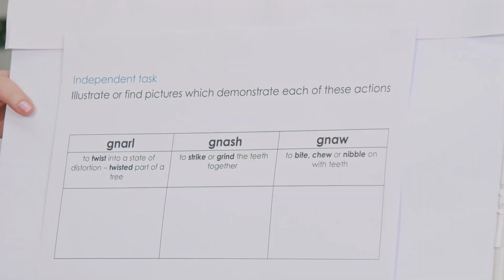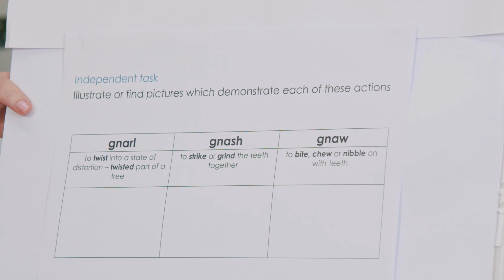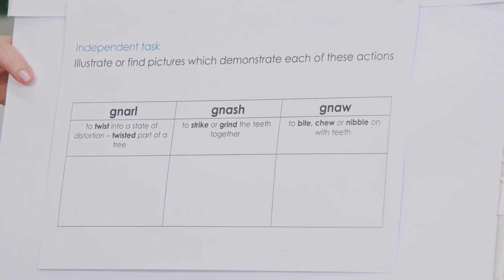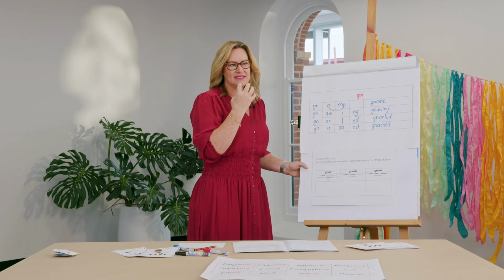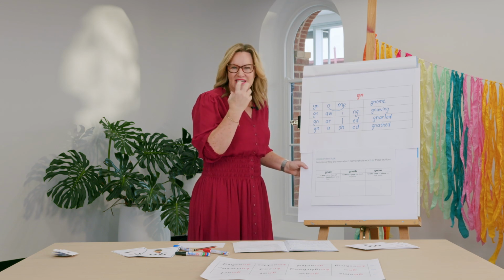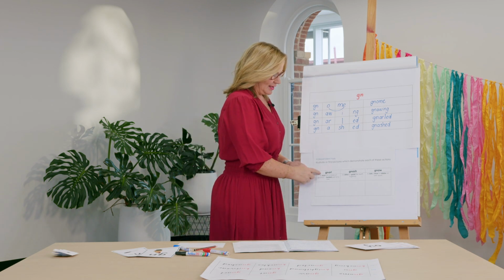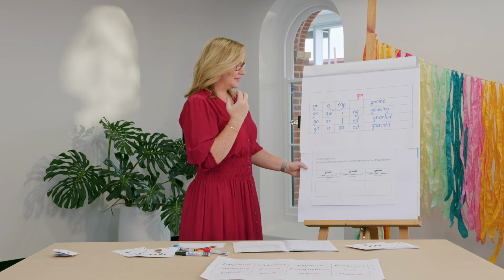So, if we're talking about something that's gnarled, it's that twisting or distorting state. You can also have a gnarly smile, which means that you're not really smiling. It's like a grimace. It's where you're twisting and distorting your mouth. So it's got 2 meanings here. So it's like the tree, or it can be to twist or turn your mouth.